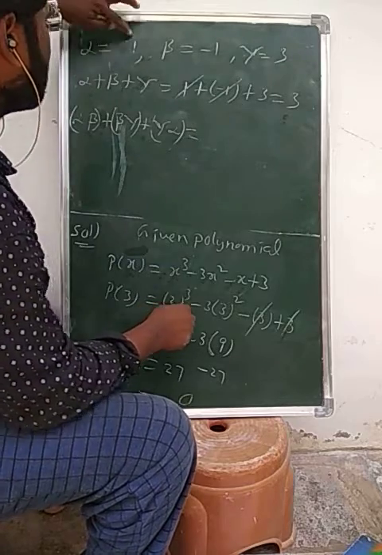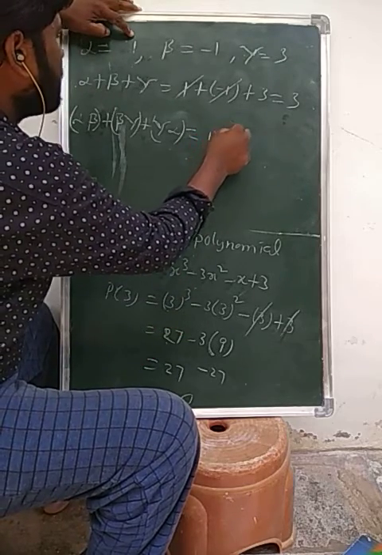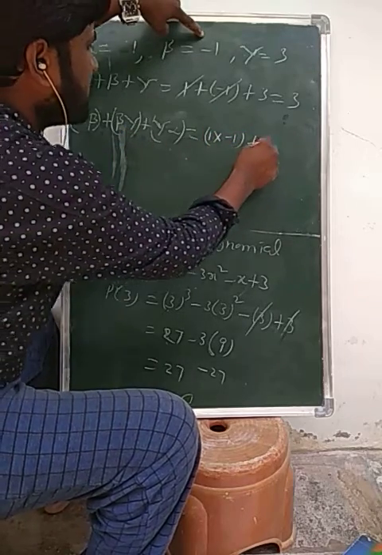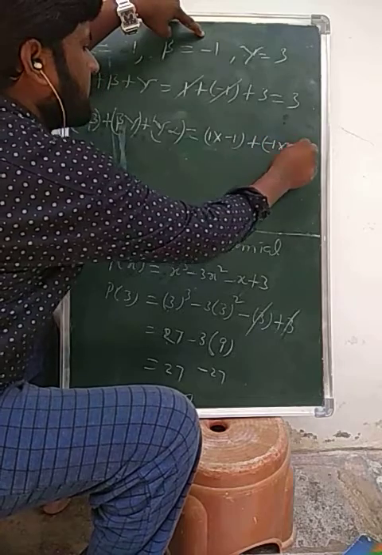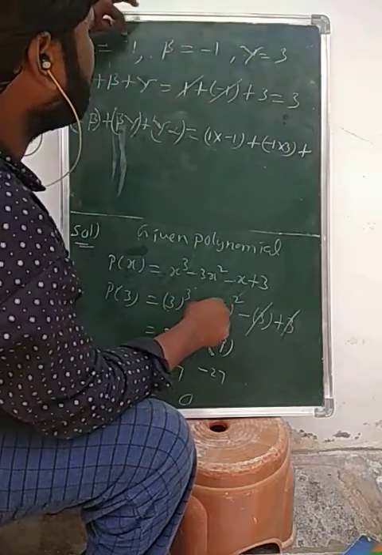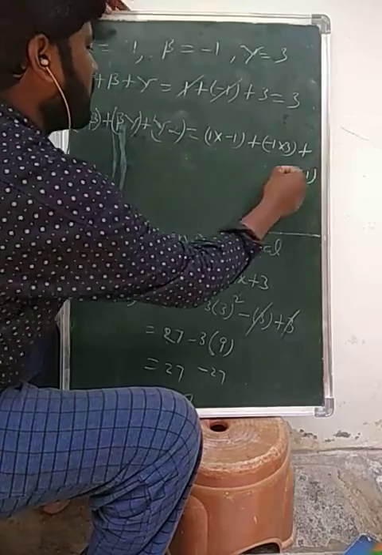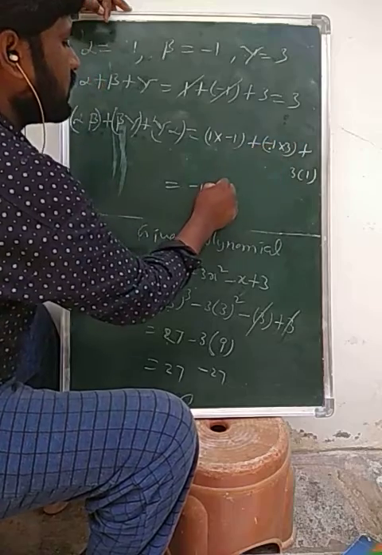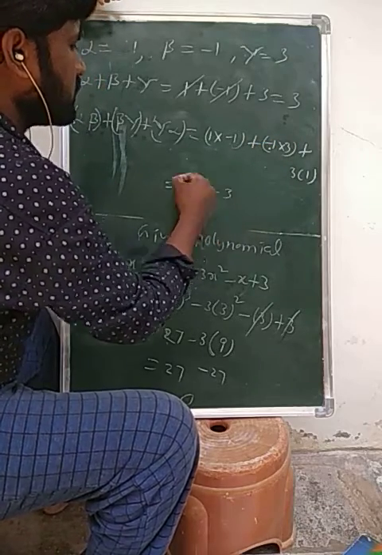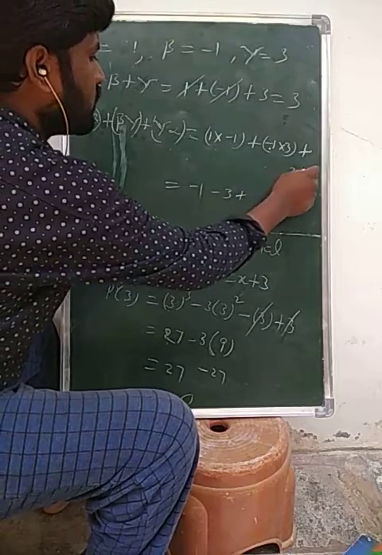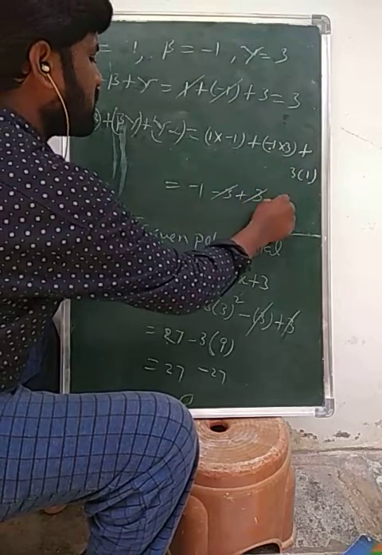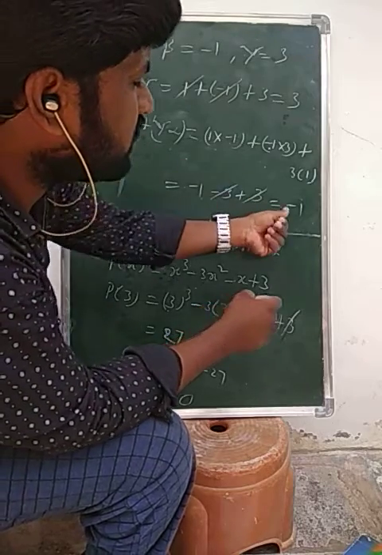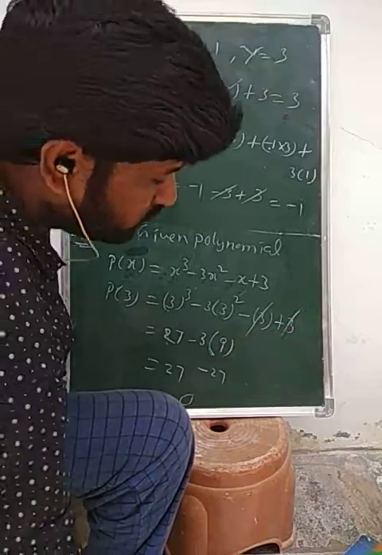Alpha beta means 1 into beta, that is minus 1, plus beta gamma means minus 1 into 3, that is minus 3, plus gamma alpha means 3 into 1, that is 3. We get minus 1 minus 3 plus 3; minus 3 and plus 3 cancel, so the sum of products of zeros taken two at a time is minus 1. And product of zeros.